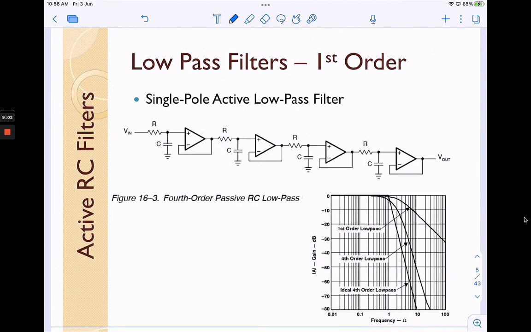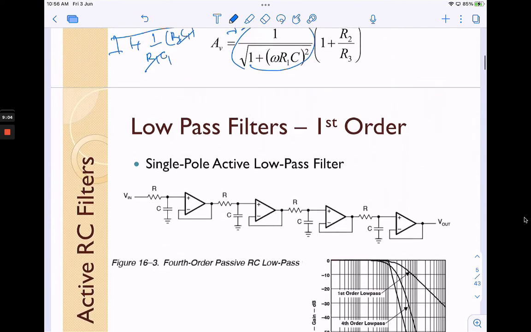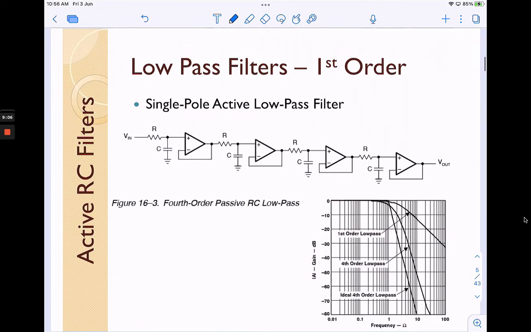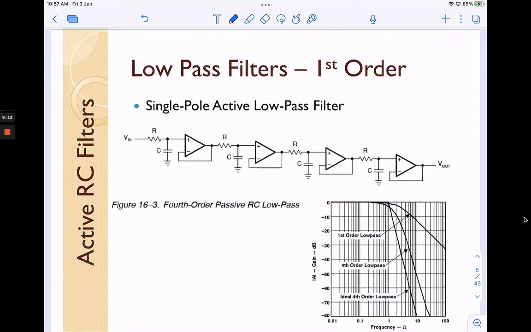All 4 low pass filters here are unity low pass filters. So the output becomes a fourth order low pass filter. So this is the first stage, and then the output is connected to the input of another non-inverting low pass filter, and the output of this is connected to another low pass filter.